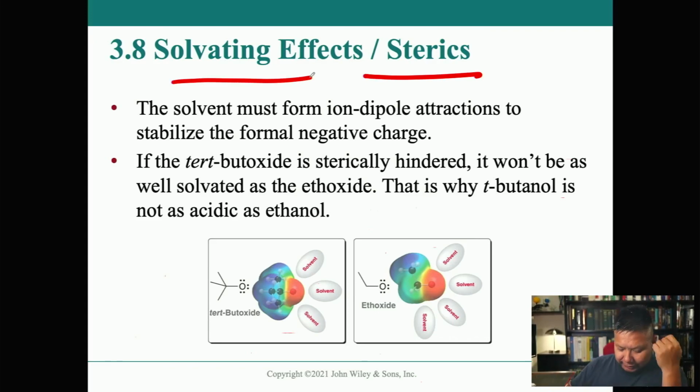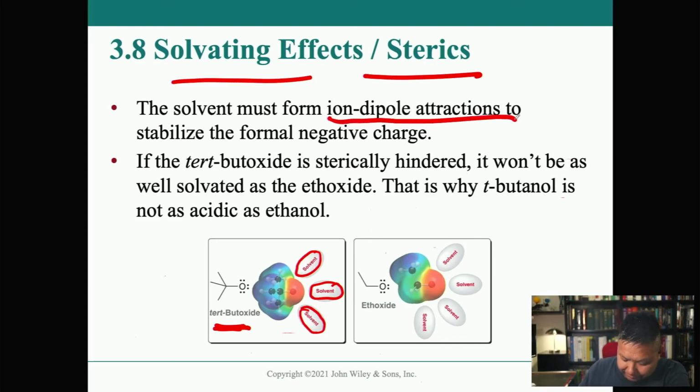Okay. So when you take a look at tert-butoxide, after it's lost its proton and become a conjugate base, right? You take a look at tert-butoxide, you have solvent molecules surrounding the oxygen, forming an ion-dipole interaction with the oxygen.